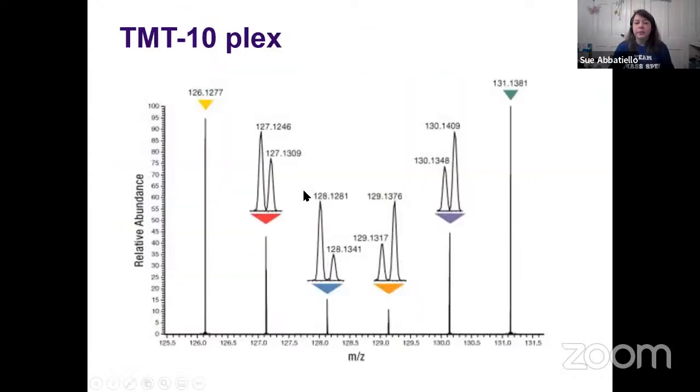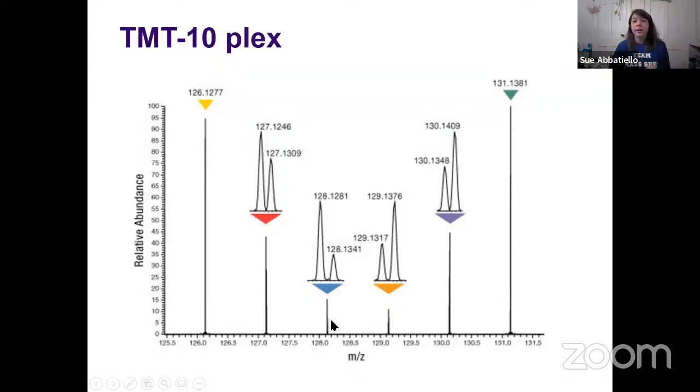Okay. So as I mentioned, when you get to higher plex levels, meaning more labeling reagents, the differences that you see in this labeling profile or the barcode are so close that if you don't have accurate, high enough mass resolving power, they'll come out as a single peak.